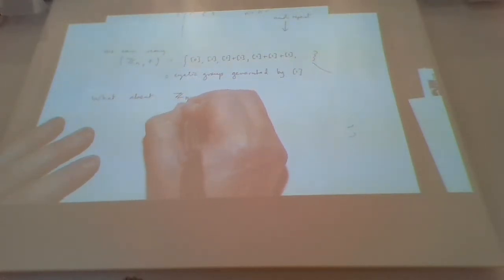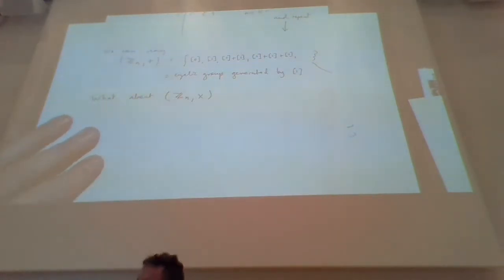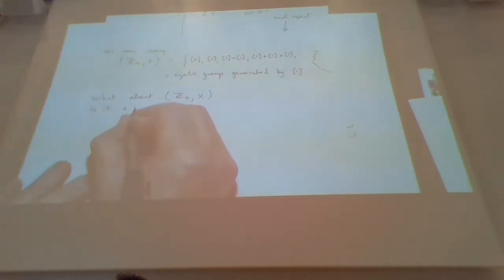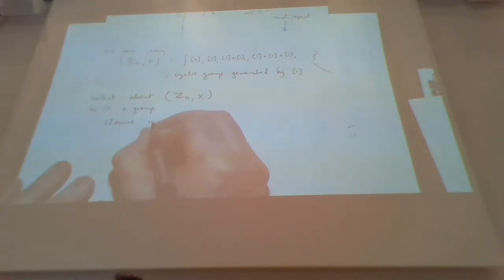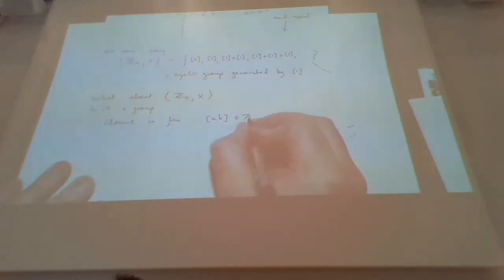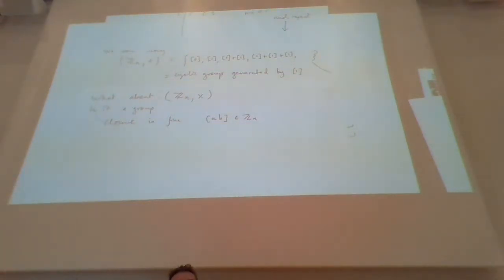Can we immediately launch into the same theorem that we just proved about addition on the integers mod n? Can we just prove the same thing for multiplication of Zn? Well, nearly. Closure is fine. The congruence class of A times B will always be in Zn if the congruence classes of A and B are. Associativity is fine.